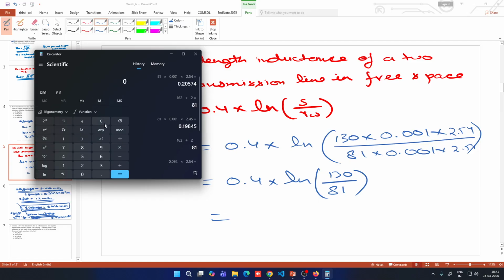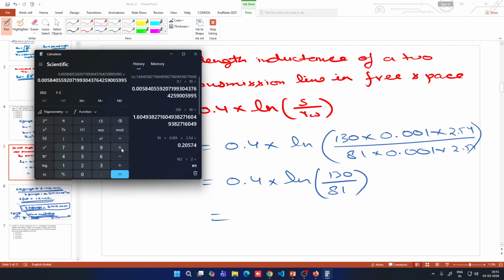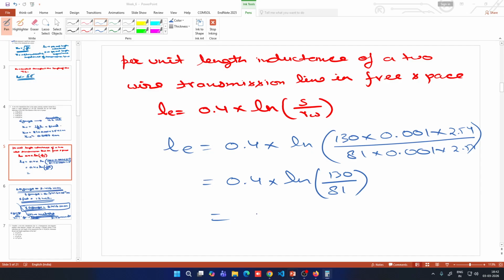So we have to take natural log of 130 divided by 81 multiplied with 0.4. So we get something like 0.0023.